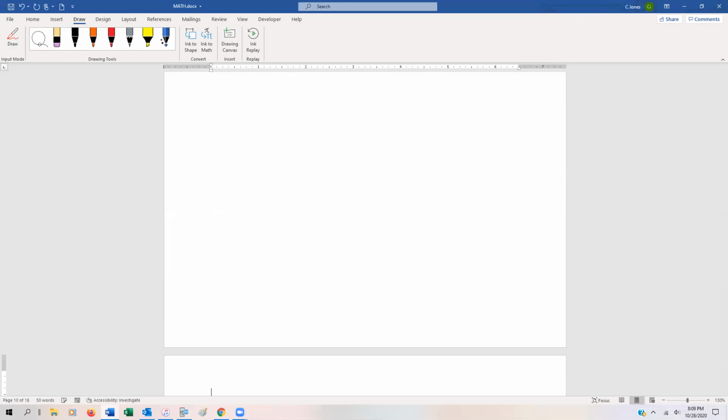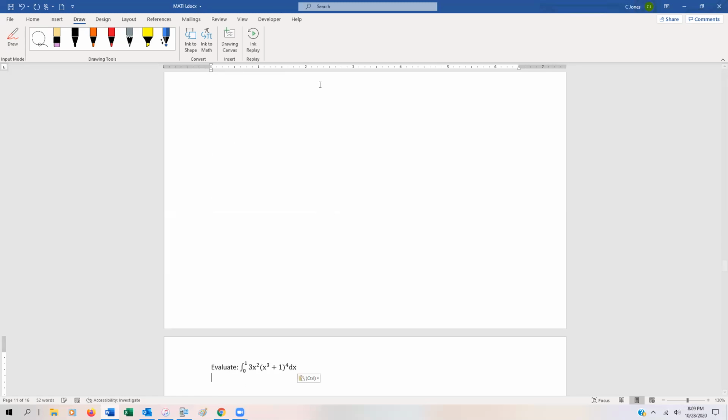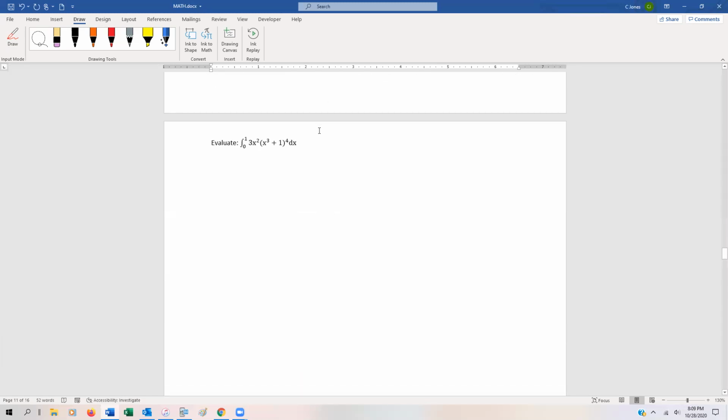So I'm just copying and pasting this so we get set up. The 2 ways that you can try to evaluate is you can use these things called dummy variables. This is the technique I prefer, especially for higher level calculus when you start having x's and y's in the same integral.